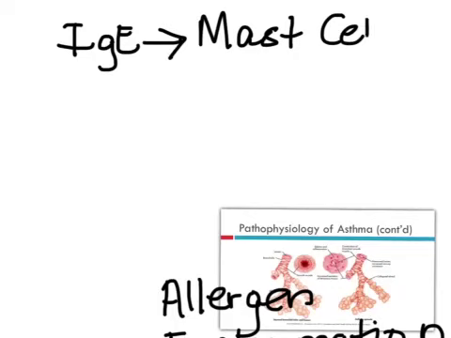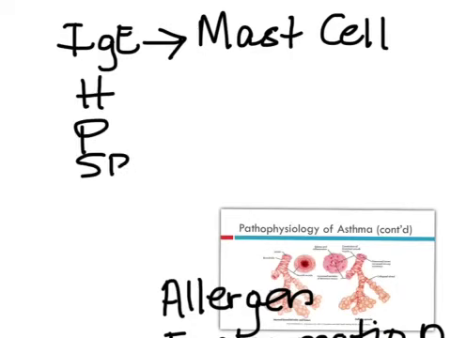And what do we know about mast cells? They produce histamine, prostaglandin, SRSA, and we are going to talk about how these three things work. When histamine attaches to the receptor site, it causes that inflammation that we just talked about.